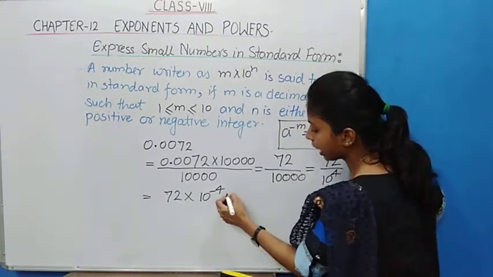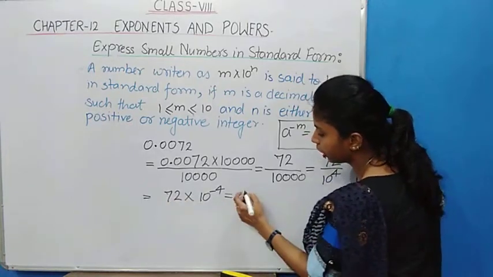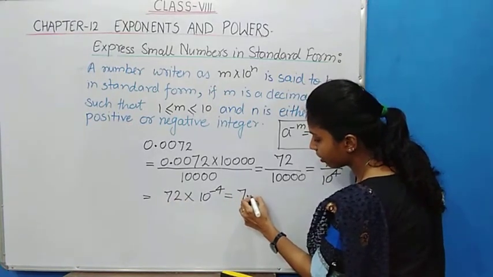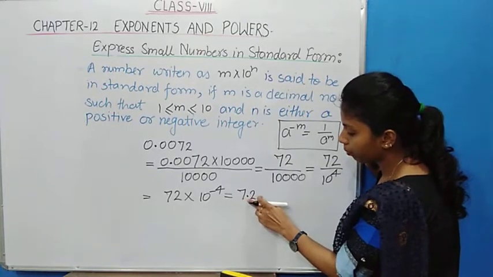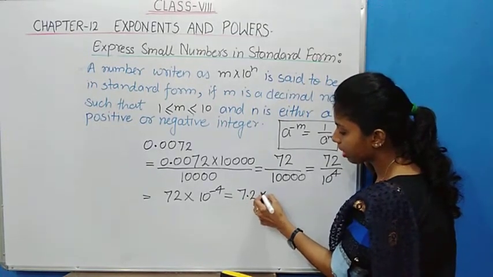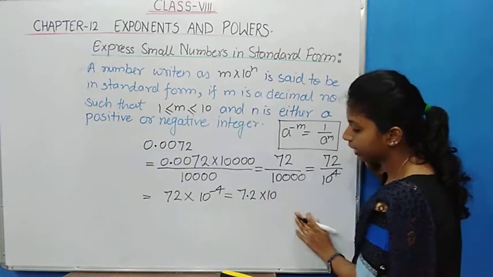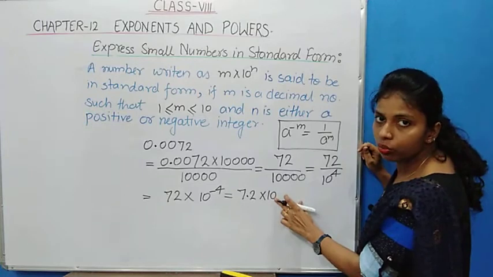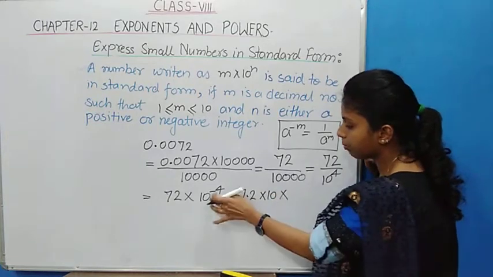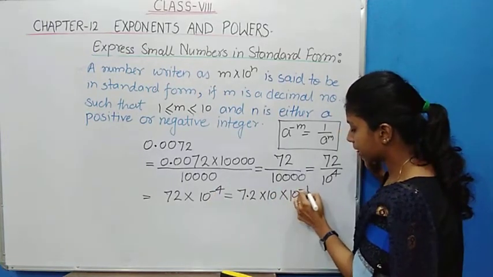Of course we can write this 72 as 7.2, because we put the decimal before one number, so we have to multiply this number with 10, and after that we have 10 to power minus 4.